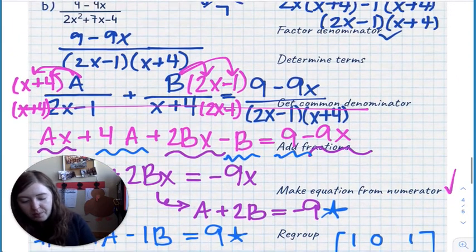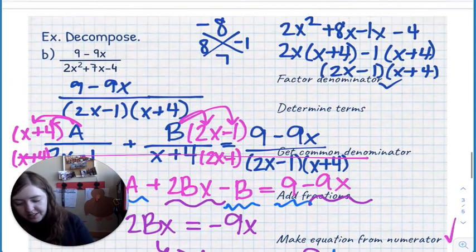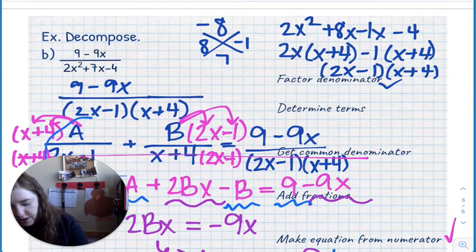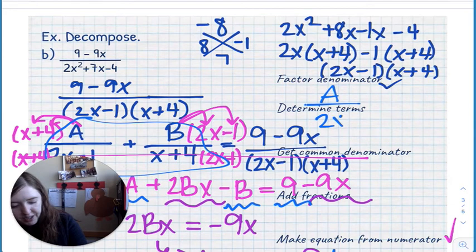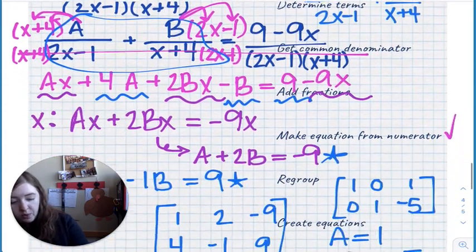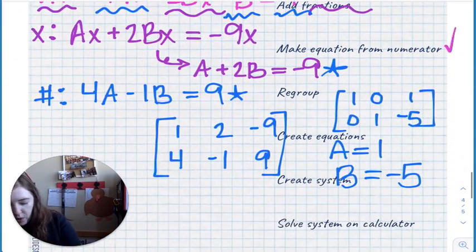So we'll go back up here, and we had this guy earlier where we had A over 2x minus 1 plus B over x plus 4. So we found out that A was 1, so he'll go over that 2x minus 1.